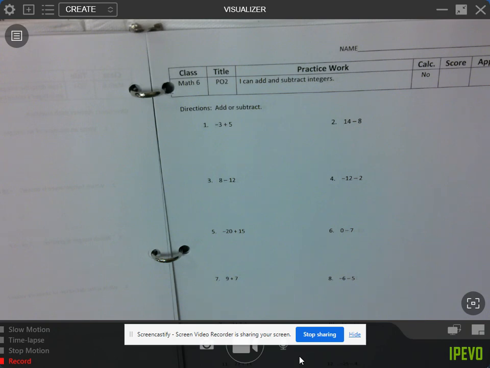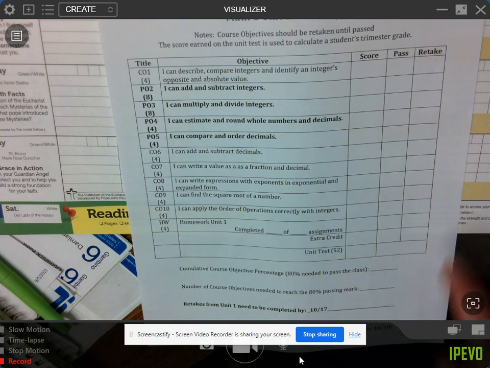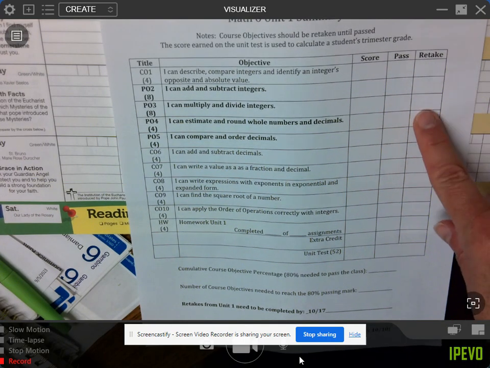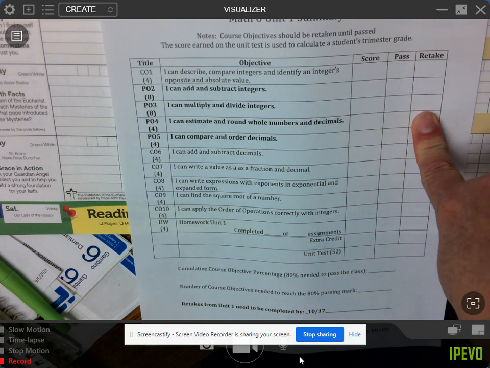Madison: Wait, so do we only retake the problems that we have to retake? Can we retake all the sections? Madison has a really good question. What if on our summary sheet, I've got 3 retakes I have to do, because I missed those power objectives? Power objectives we have to retake.